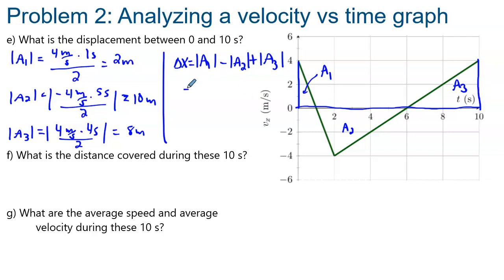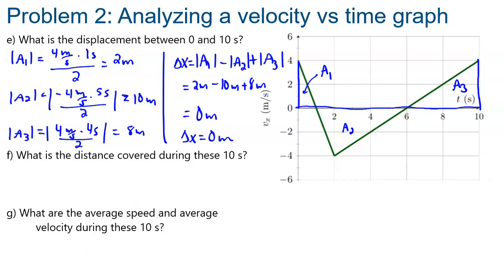So in the end, once we plug the numbers in, we have 2 meters minus 10 meters plus 8 meters, the area 3, which gives us a grand total of 0 meters, which means that the displacement of the car, or the train, I'm sorry, over these 10 seconds is just equal to 0 meters.